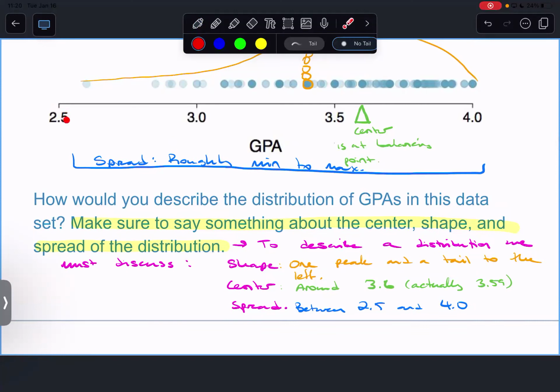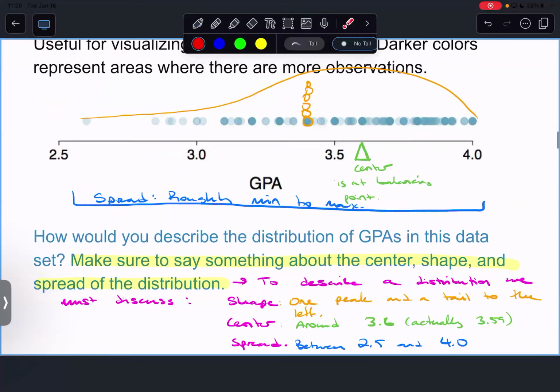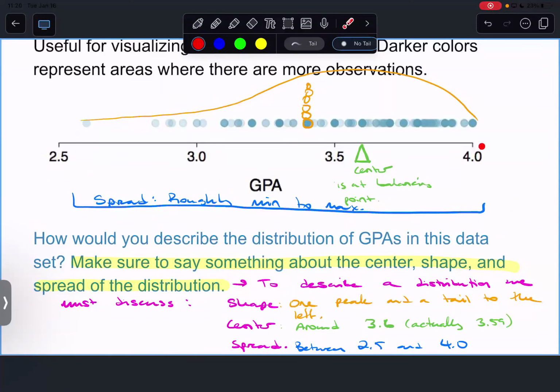Notice how sloppy that was. Doesn't matter. This looks like it's a little bit higher. It might be 2.6 or something like that, but I don't want to waste time. I want to say, okay, roughly 2.5. Anything less than that is kind of weird. If you get new data and you see something less than that, that seems weird to me. Obviously, if you get a GPA higher than 4 in your new data set, something is wrong with that as well, because we know it can't be. And so knowing the spread, you just have a range of plausible values for the next time you get similar data.